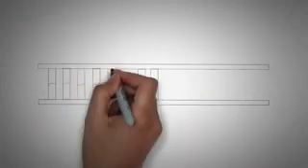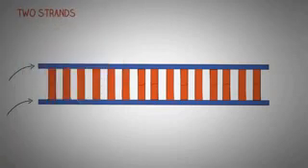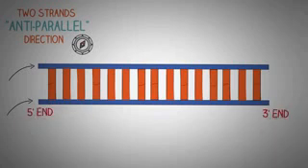Now, if you take a closer look at this step-ladder model of the DNA, you can note that it consists of these two strands which are joined together in the center by hydrogen bonds. Now, these two strands run in completely opposite directions to each other, which means they are anti-parallel, and they also have a direction. In DNA, we don't have north, south, east or west directions, but we have two ends, a 5' end and a 3' end of this strand.